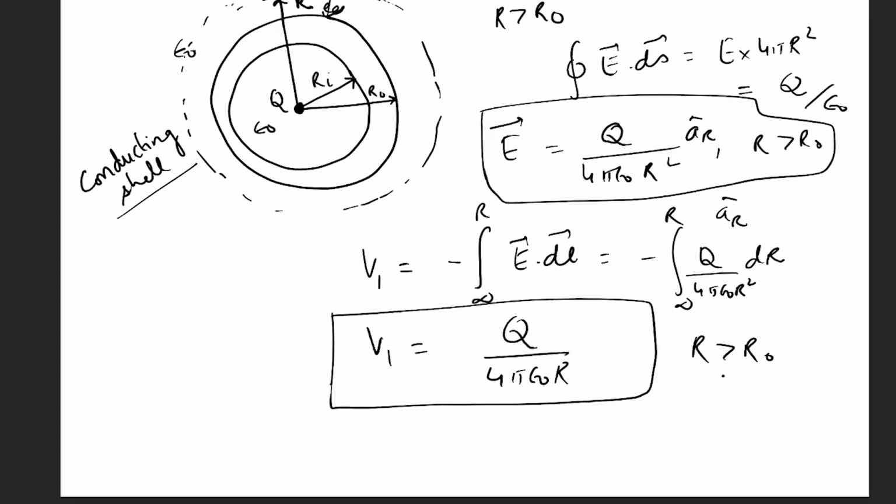Now in the next slide we will calculate what happens when we have the point within the shell. So let us say this is the scenario now. We have this concentric shell, of course, Ri, r naught, and now let us say we want to calculate field and potential inside this shell, within the meat of the shell.